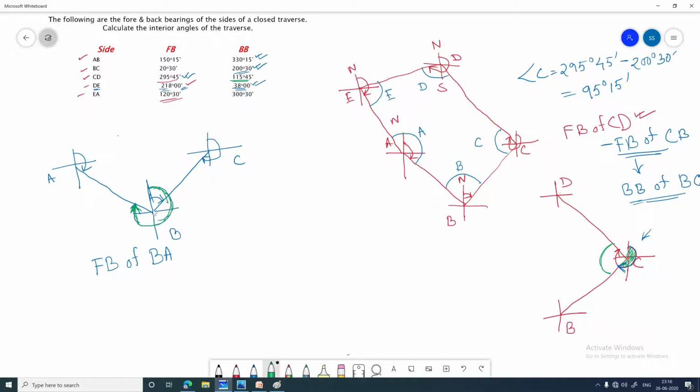Now from this total angle, if we remove this portion, I can get the value of this exterior portion.